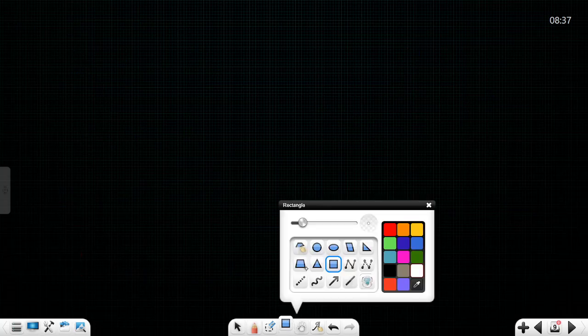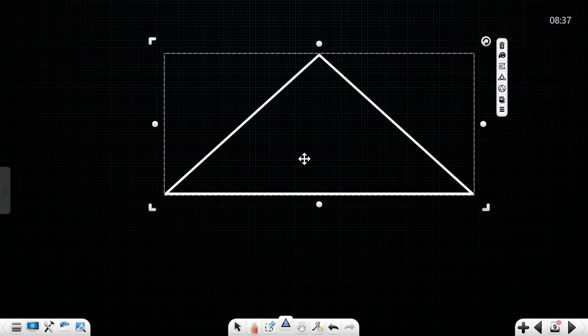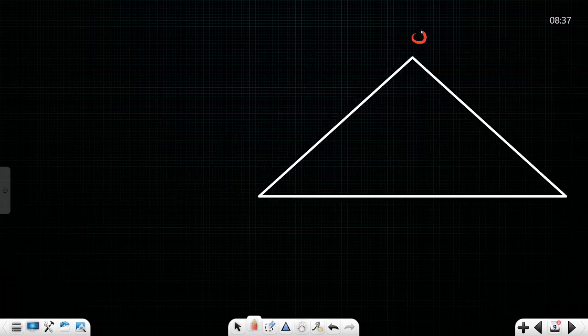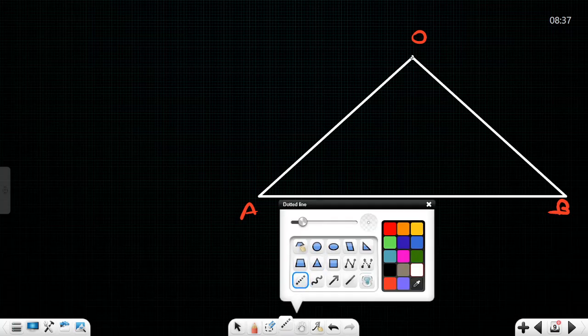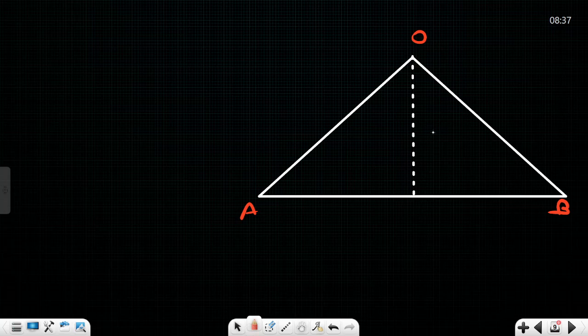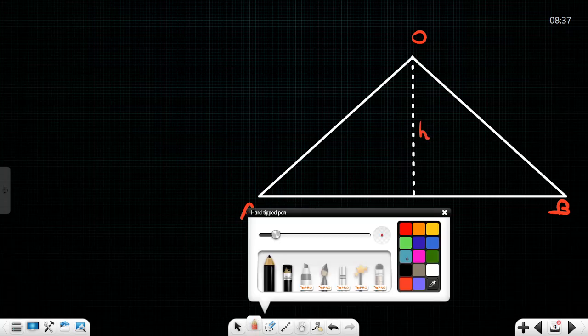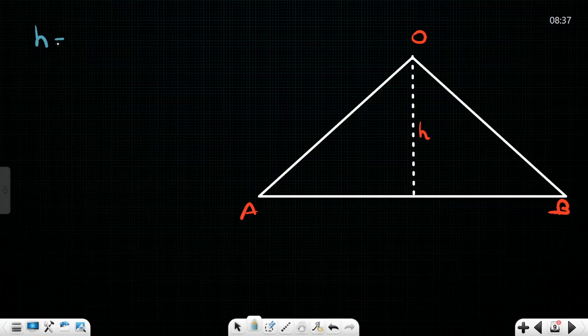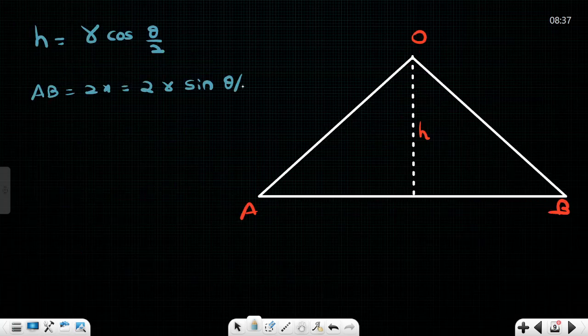Now, the same triangle OAB, and we have a height, right? We got the height value as r cos theta by 2, and we got the base length AB, nothing but 2x, as 2r sin theta by 2, right?